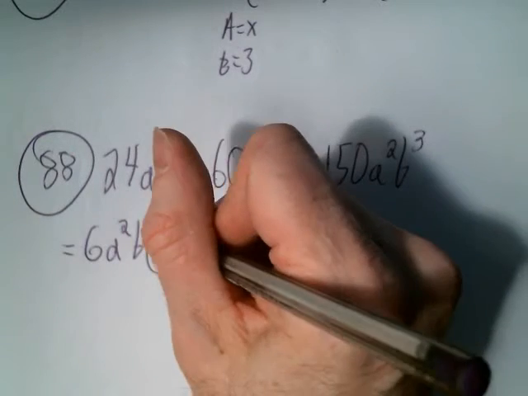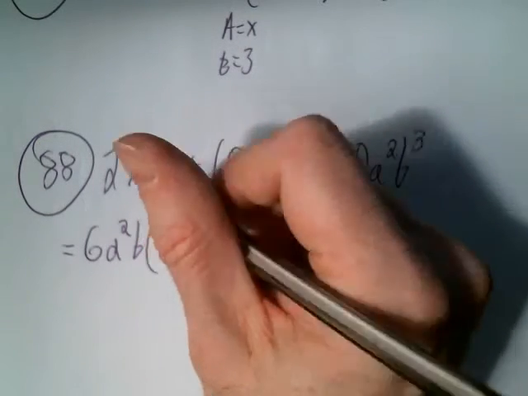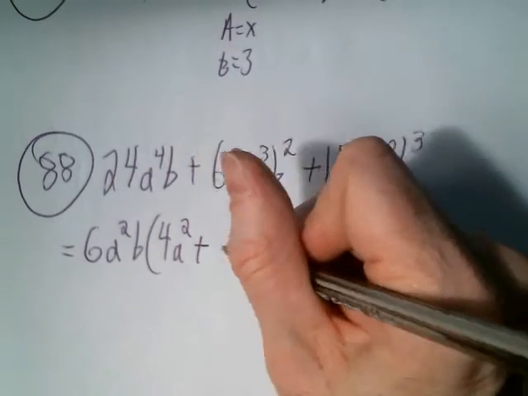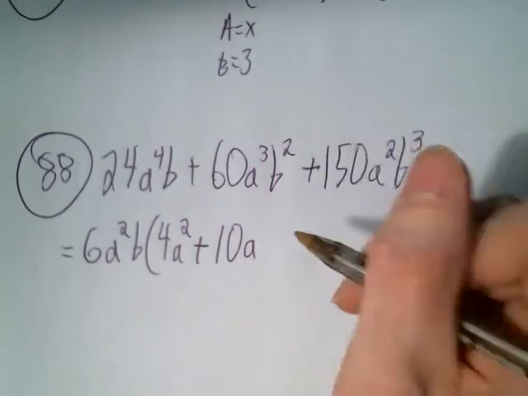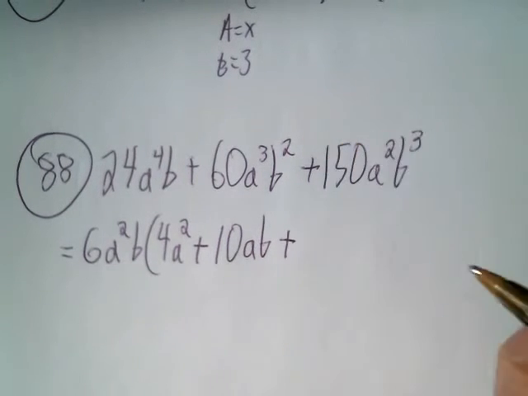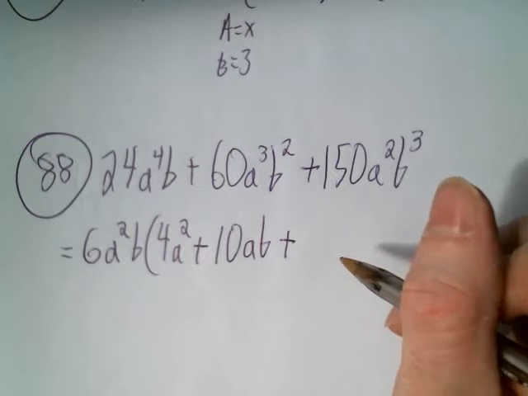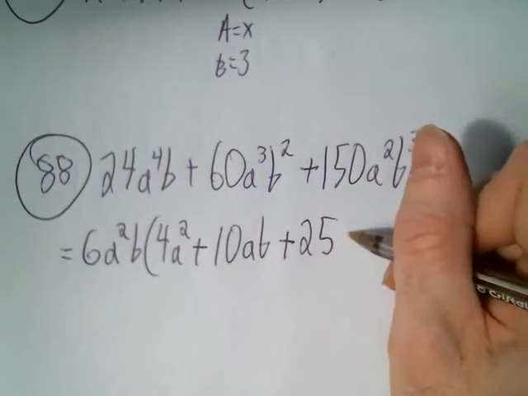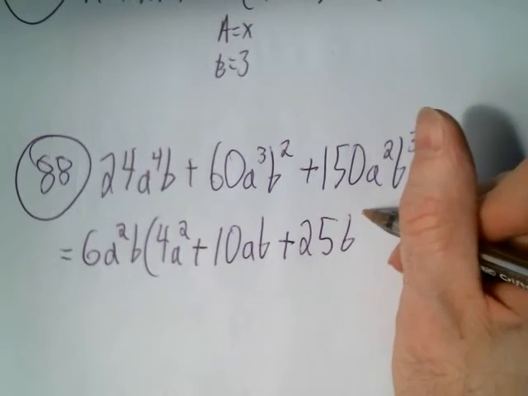That'll leave me with 4a squared plus 10a times b, and then plus, how many times does 6 go into the 150? 25. 25b squared.